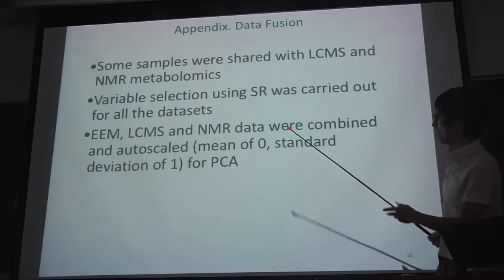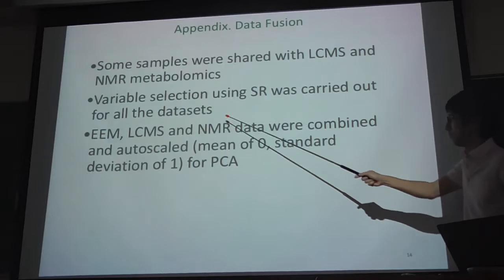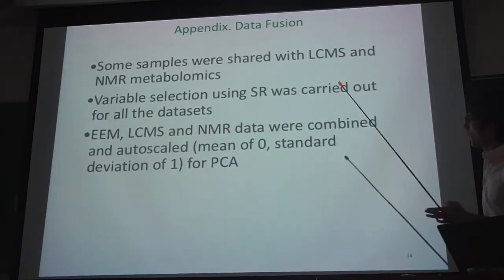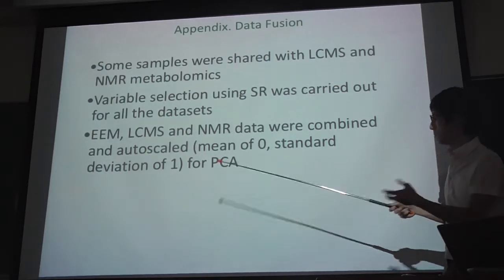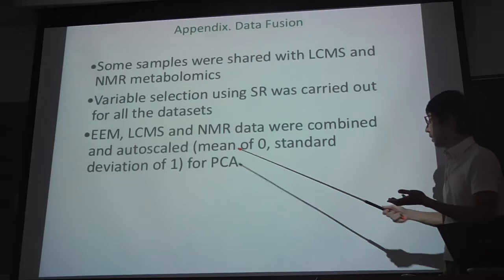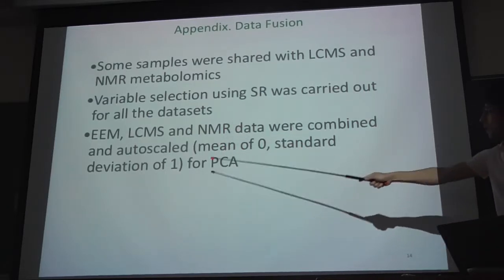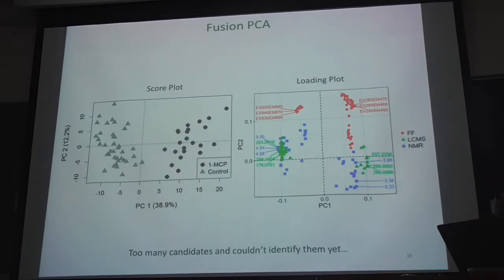And we also tried to combine the EEM, LC-MS, and NMR data. We combined them and applied auto-scaling, which means making everything mean of 0 and standard deviation of 1. And then we tried PCA on that fusion data. And this is the result.